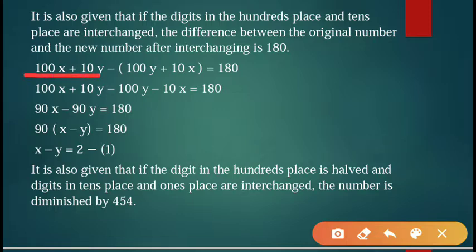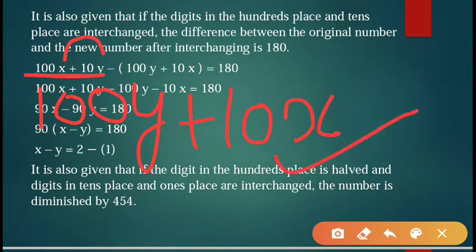Okay, and when you interchange, in the place of 100 you write the tens digit and in the place of the tens digit you write the 100 digit. This is the number. When you interchange, in the place of x write y and in the place of y write x. This is the reversed number.